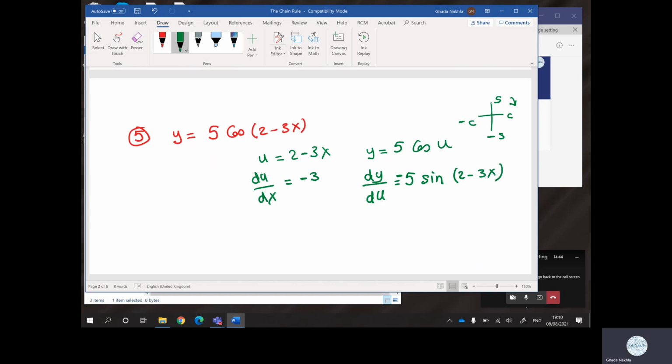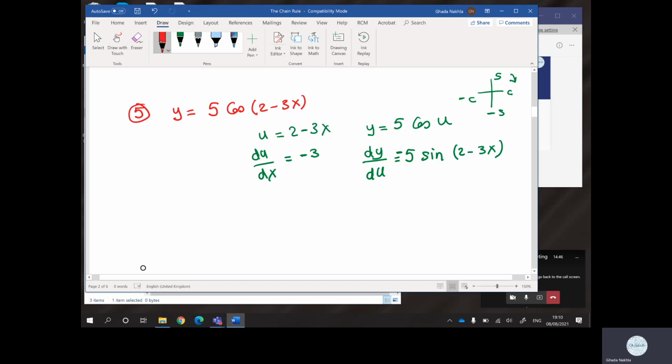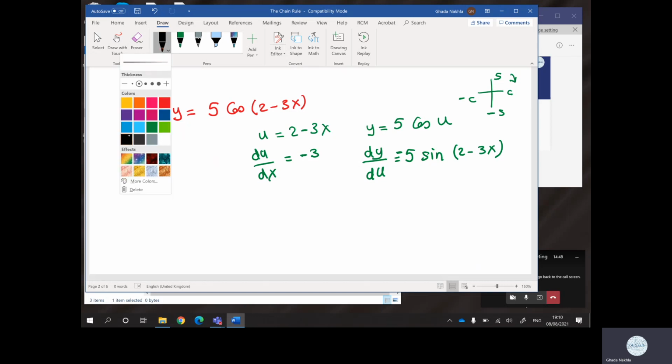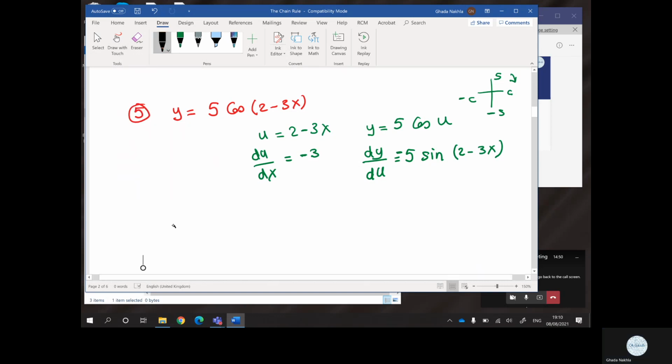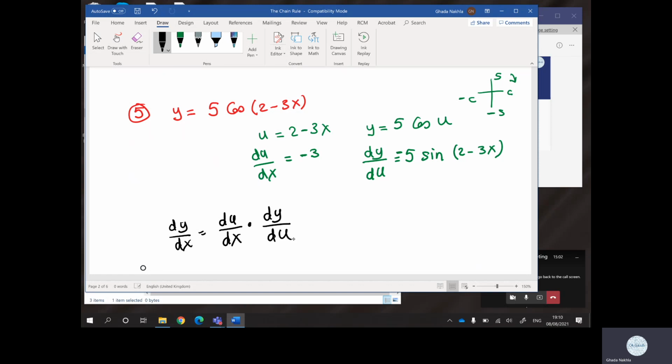Okay, and then I'm going to find dy by dx, and that's equal to du by dx, which is the chain rule, multiplied by dy by du. This is the chain rule, which is basically those two multiplied together.